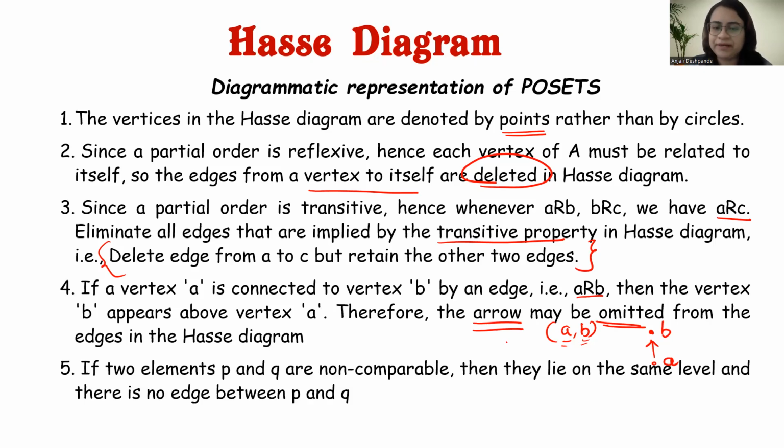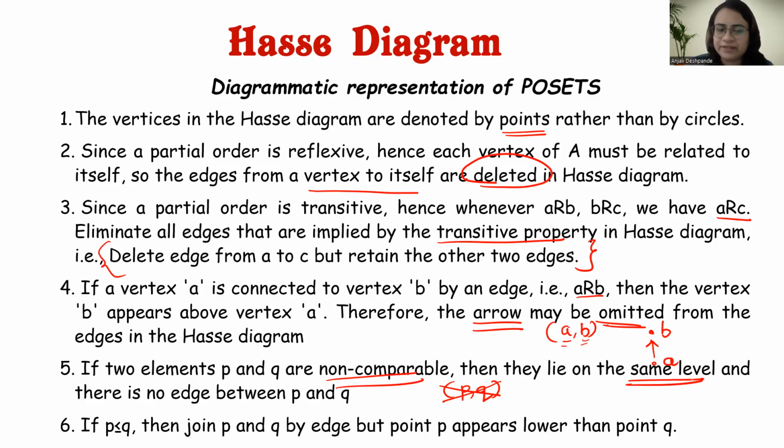If two elements P and Q are non-comparable, that means there is no such tuple P and Q in the relation R, then they lie on the same level and there is no edge between P and Q. And finally, if P is related to Q, then join P and Q by an edge, but point P appears lower than point Q. So these are all the points related to Hasse diagram.